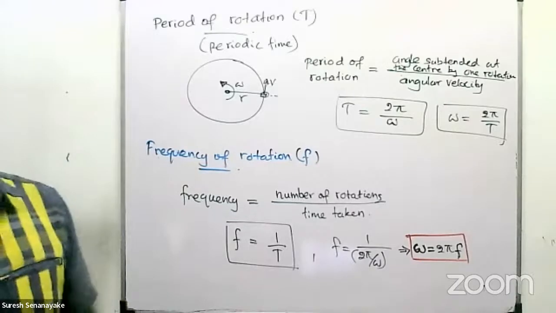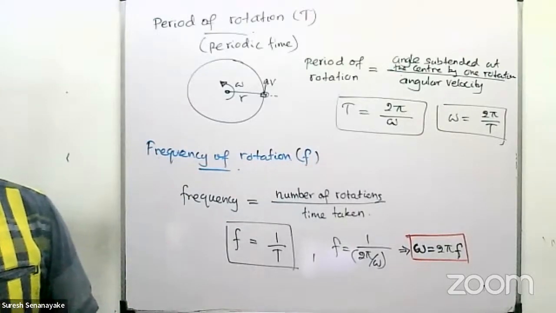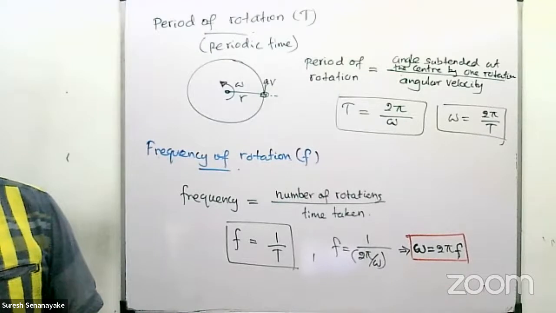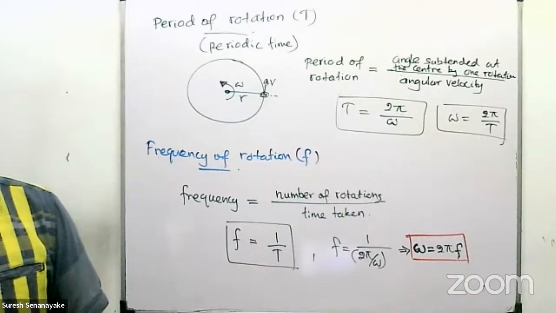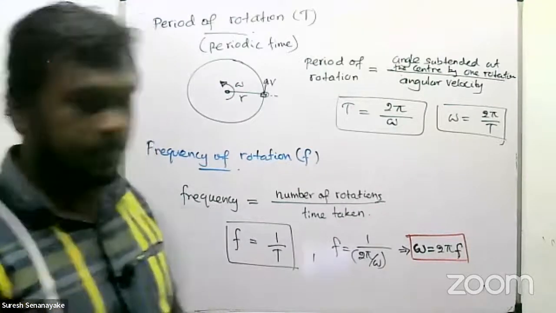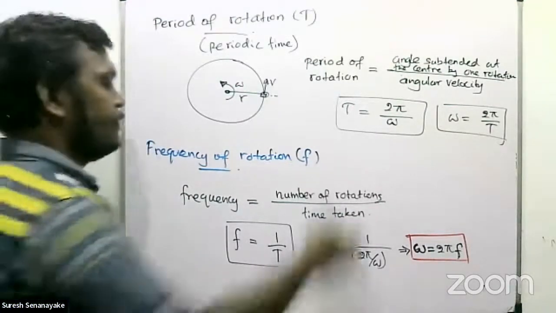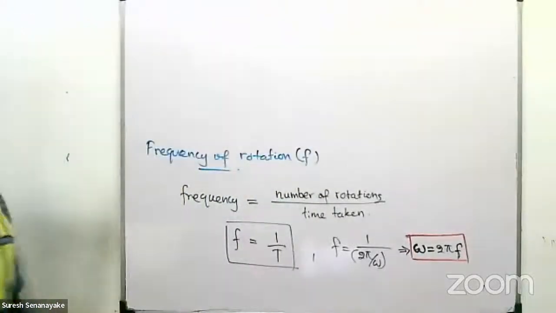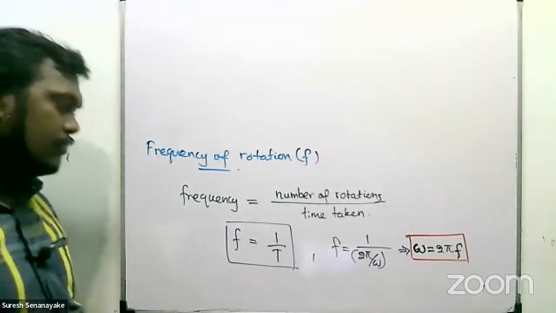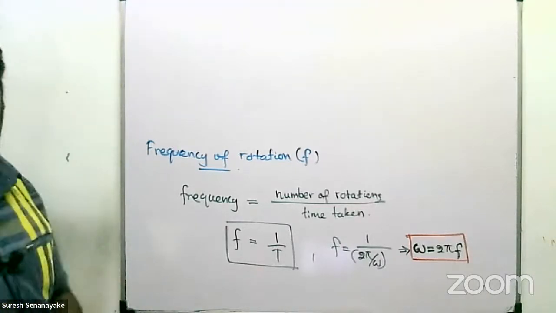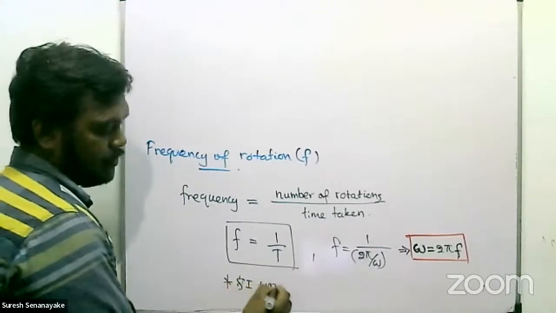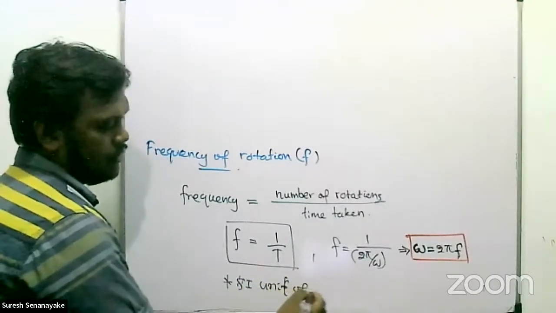You write up to this, then I'll do that. Okay, the SI unit of frequency is per second, and we call it hertz.